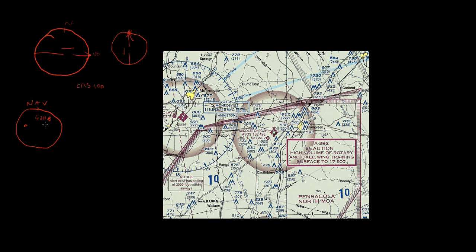GZH is off to our right. We'll have range. Let's just say that's 5 miles. Then we'll know that we're right over here somewhere, and we can orient or position ourselves and fly appropriately so that we can get onto the initial point.